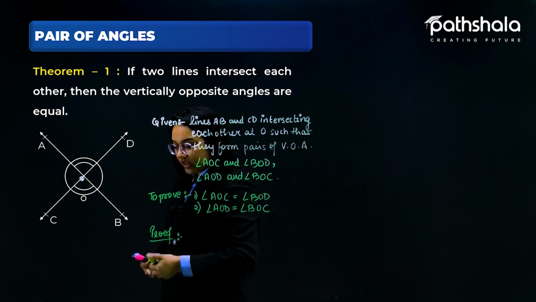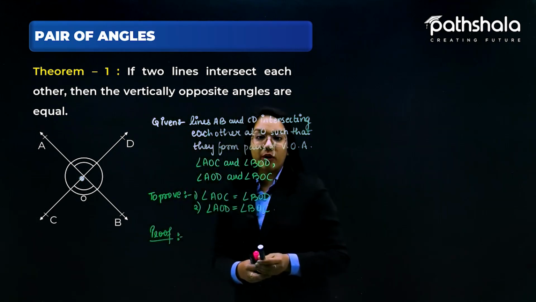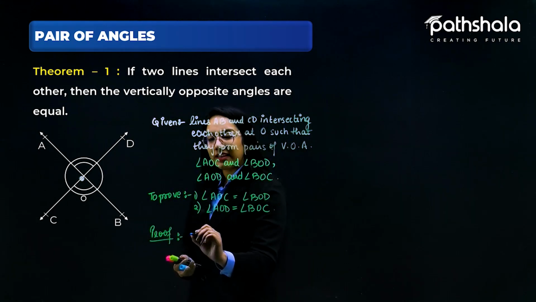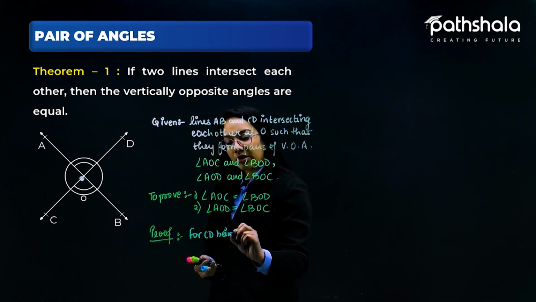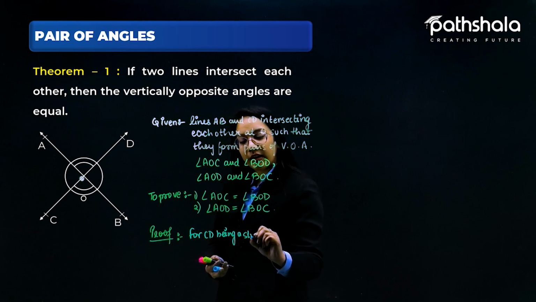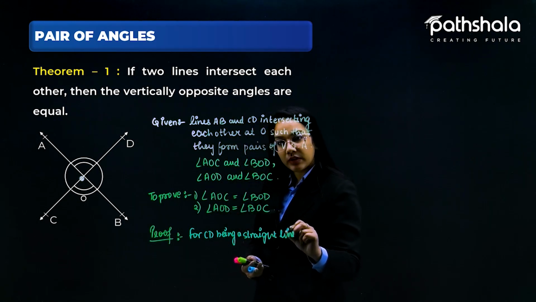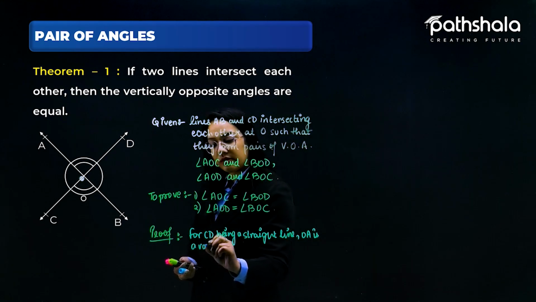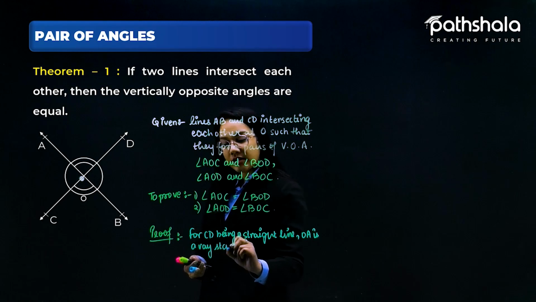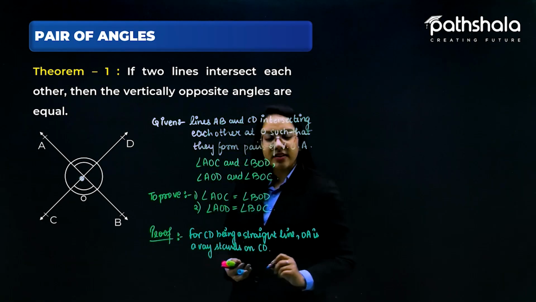For the straight line CD, OA is a ray that stands on CD.